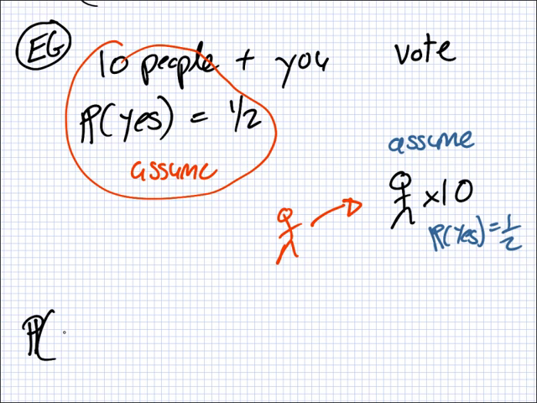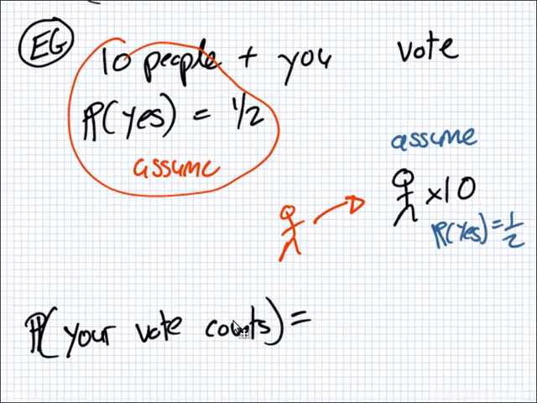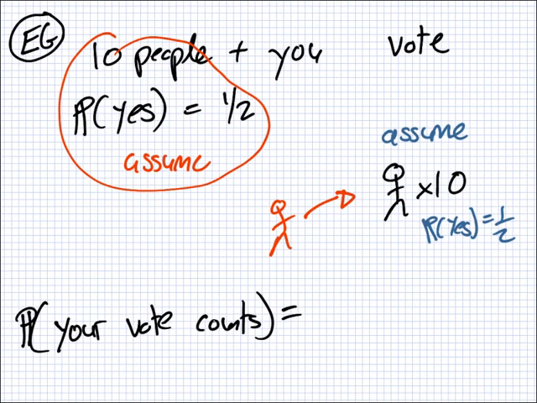What's the probability that your vote counts? So we have to think about what that means here for the story. You mean the tie? What's the probability that your vote matters? No?